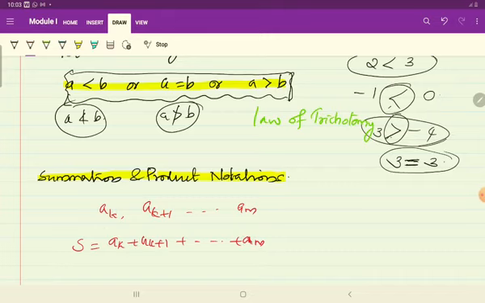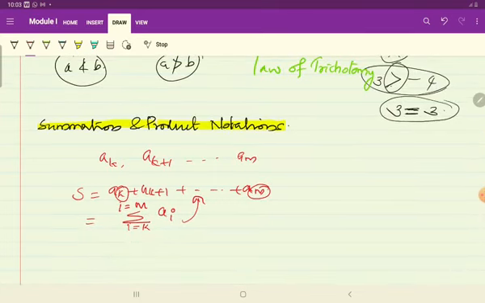Then we can write this as summation, taking another variable, let it be i. i varies from k to m of ai, which means ak plus ak plus 1 plus etc. plus am.